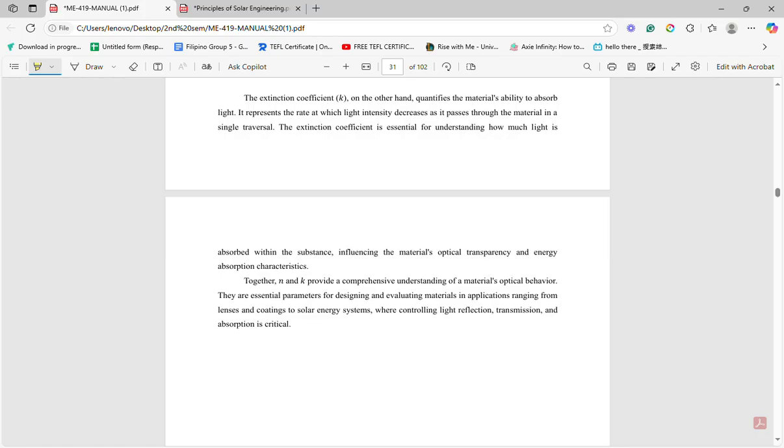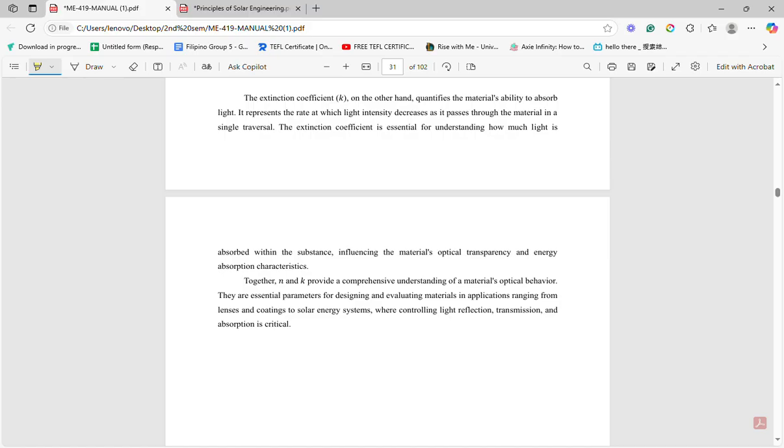That is the purpose of transparent materials in our PV systems: we are using them to trap all the sunlight that passes through, and all of that sunlight will then be absorbed by our semiconductor materials.